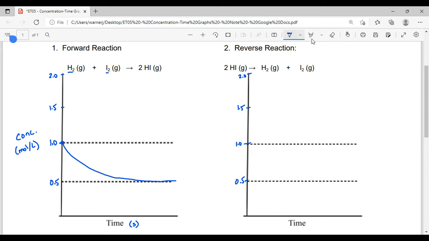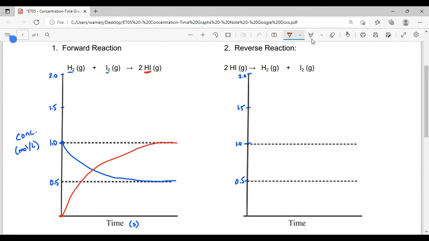At that same time, the HI concentration would be starting at 0, but based on the ratio of 1 to 2, as this reaction proceeds it's going to increase and eventually level off.